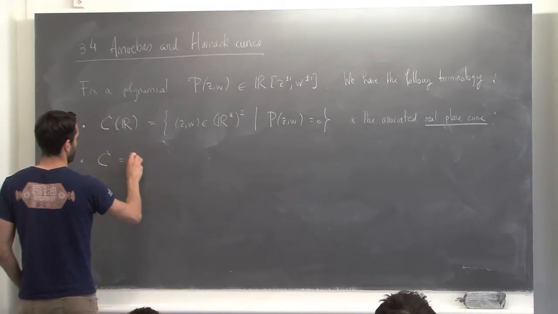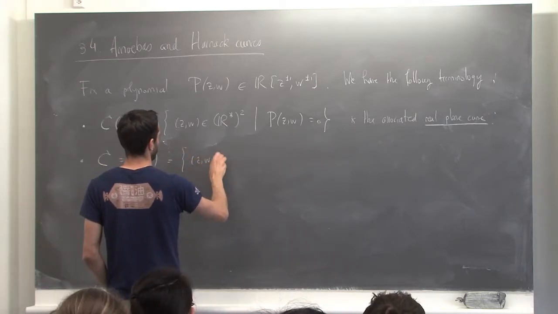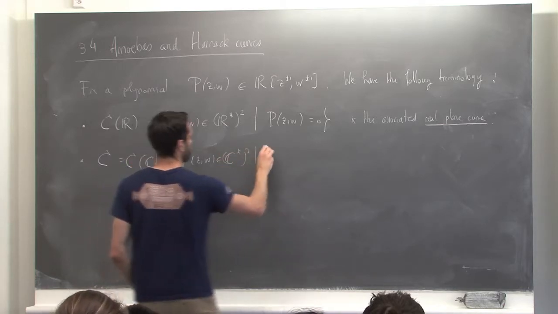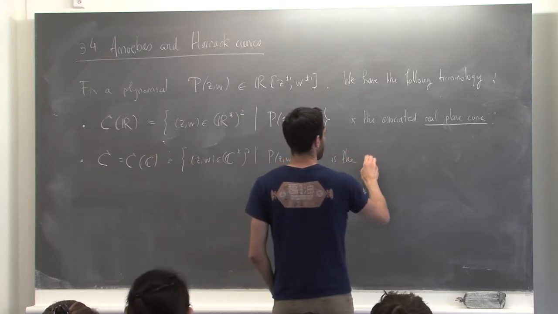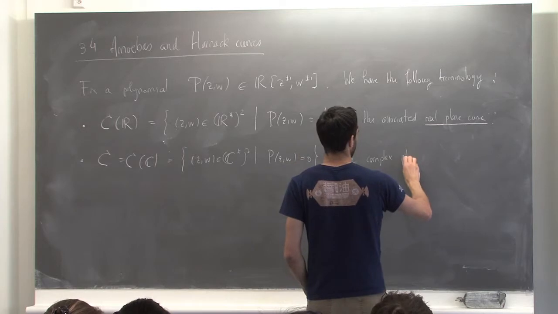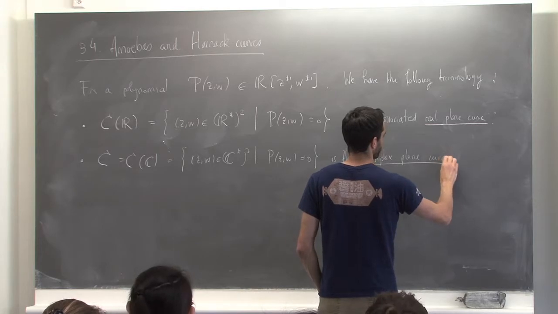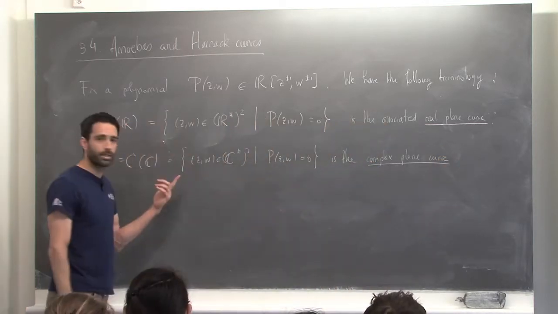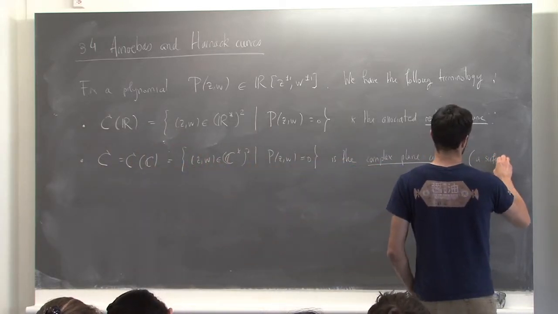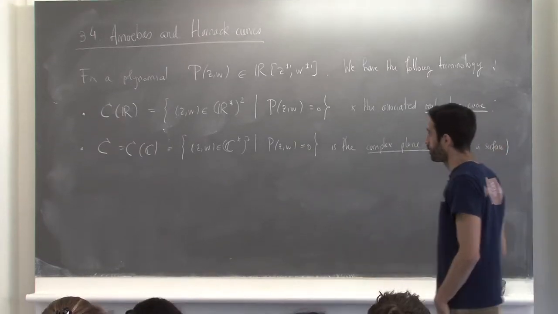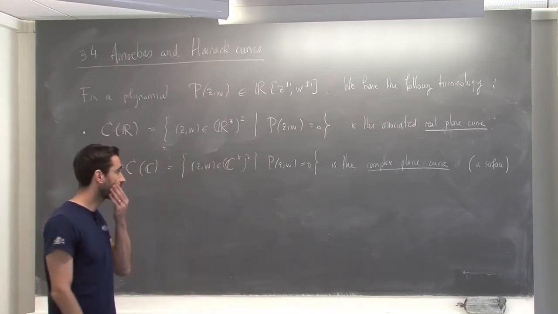And then you can also look at the complex plane curve. It is the associated complex plane curve. So you still say curve, but now it's a complex curve, so really topologically it's a surface. So it's a surface in the two-dimensional complex space, so four-dimensional real space.